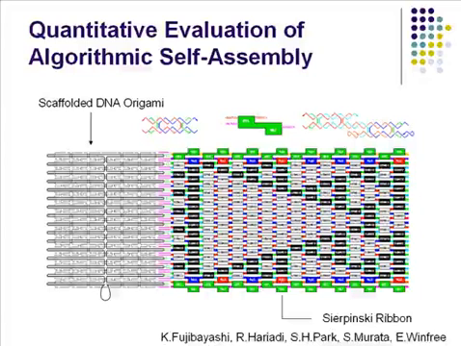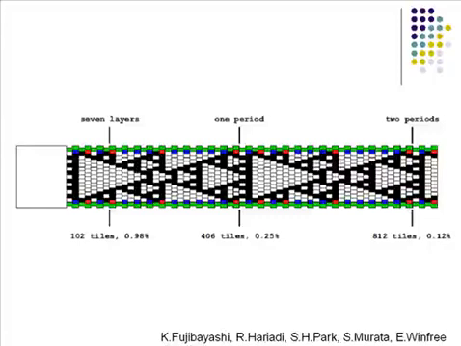And if the self-assembly goes perfectly, then we'll have this kind of ribbon structure. This is a periodic pattern we expect, and if we have a full cycle on the ribbon, then we have error rate 0.25%.